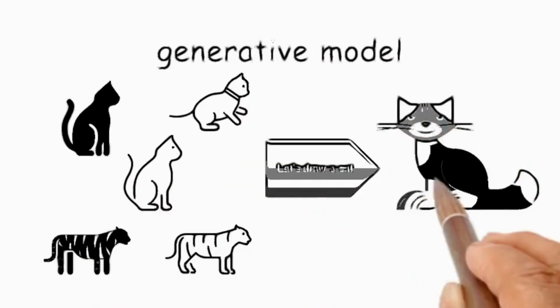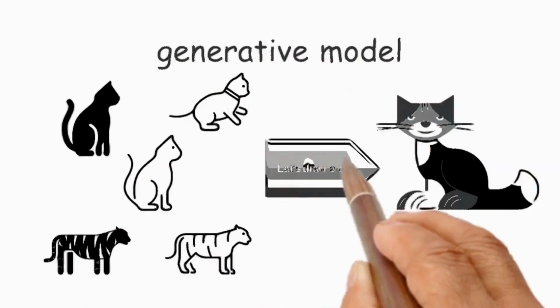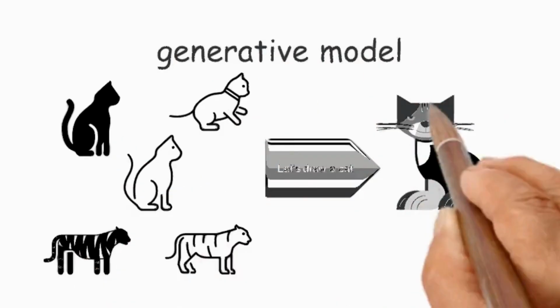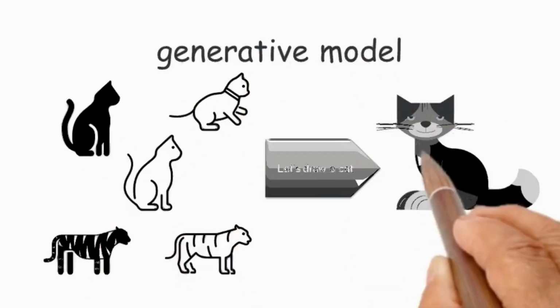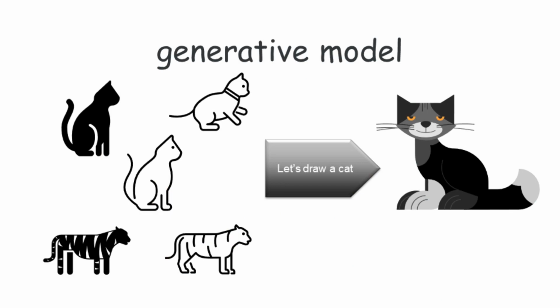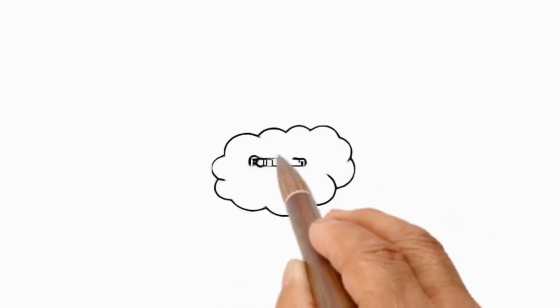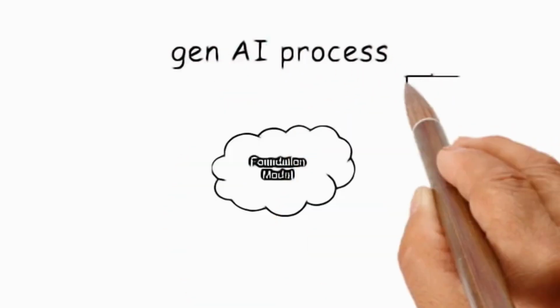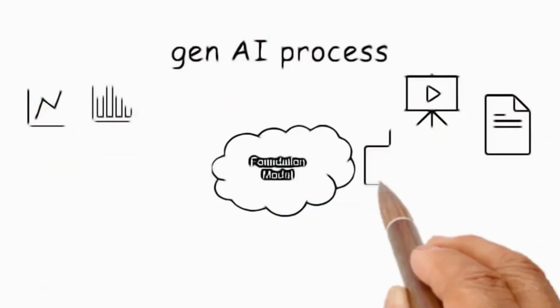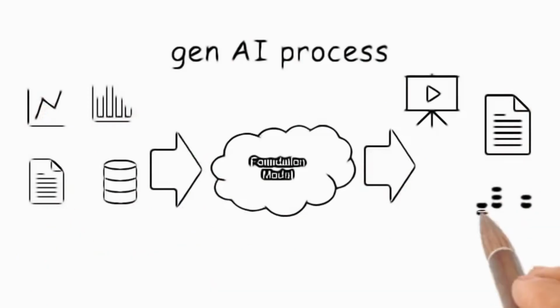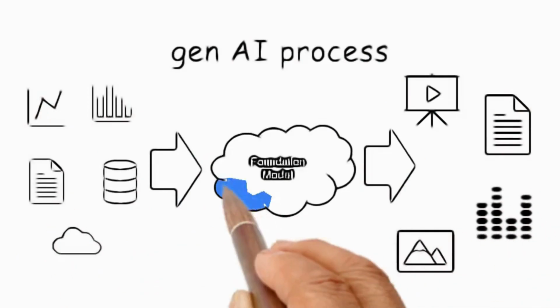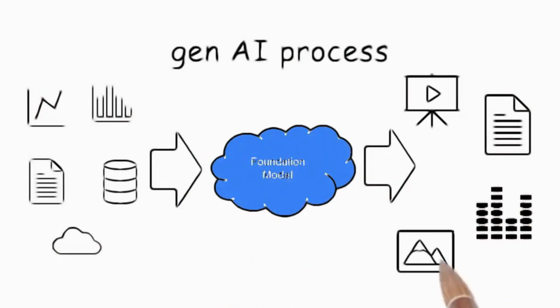These models can not only classify, identify, and predict data, but also generate new data like that it has seen before. The data it produces is similar to what humans can produce: text or speech using natural language, image, video, and audio. This is known as generative AI.